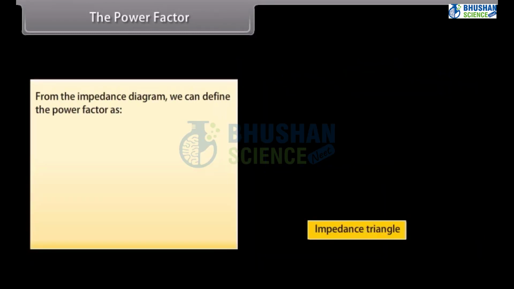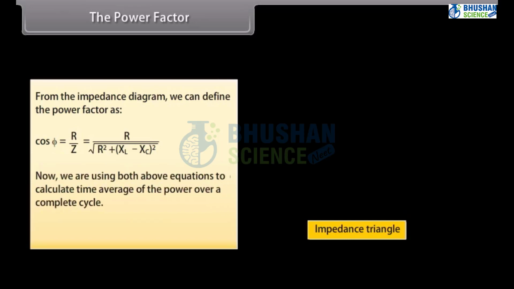From the impedance diagram, we can define the power factor as cos phi equal to R upon Z, which is equal to R upon under root R square plus XL minus XC whole square. Now, we are using both above equations to calculate time average of the power over the complete cycle. P bar is equal to the product of Irms square and R.